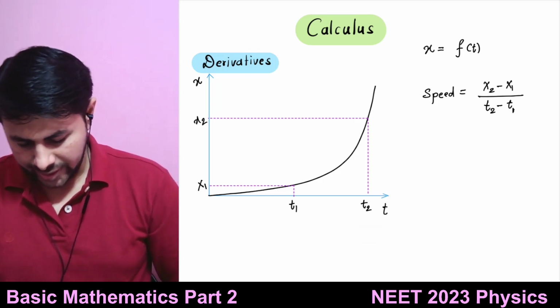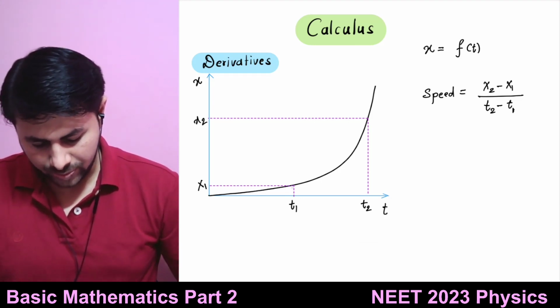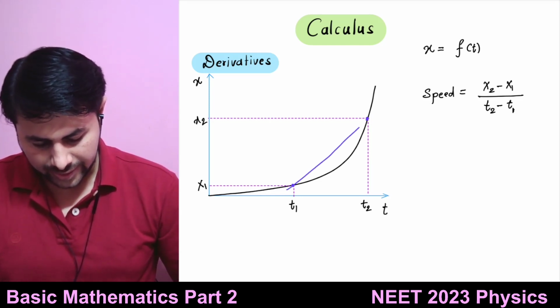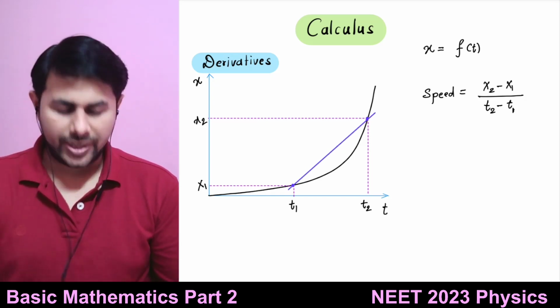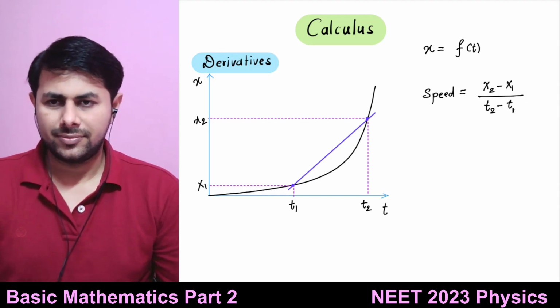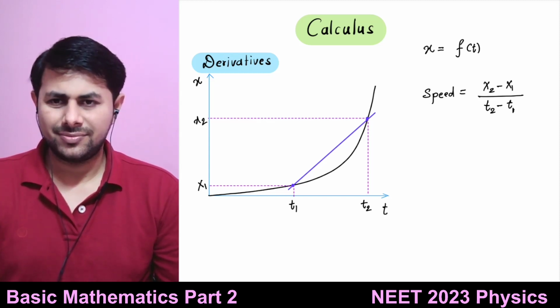So see, if I draw a line joining these 2 points on the curve like this, do you know how to find the slope of the line? By the way, this line is called which line? Not slope, this is called a secant line, right?